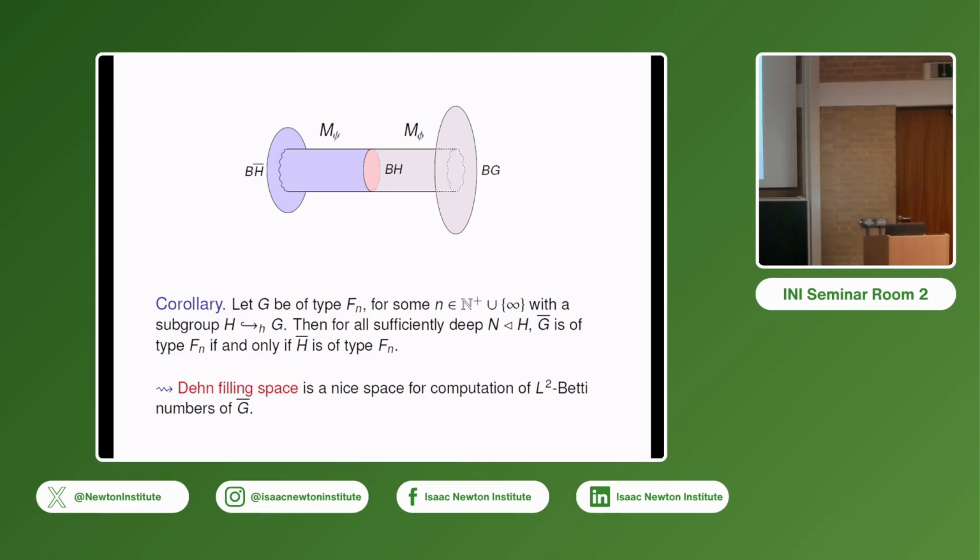Because H is hyperbolically embedded, it's a quasi-retract, and therefore, that's a result of Dahmani-Guirardel-Osin, that implies that H is of type Fn. So then we can find a classifying space for H which has finite n-skeleton. So this part has finite n-skeleton. Basically, we're gluing things which have finite n-skeleton. As a result, we get a space with a finite n-skeleton.